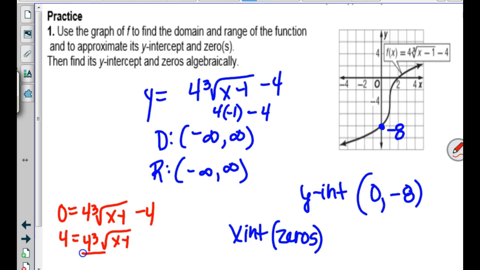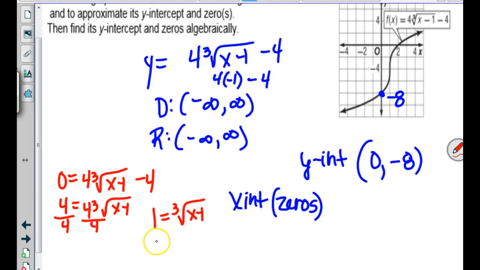Divide by 4, which would give us what? 1 equals the cube root of x minus 1. If I cube both sides, what will I get? 1 times 1 times 1 is? Add 1 and I get 2. So putting in a 2 would give us out a 0. Does that look right on this graph? Yeah. And we could have typed it in the calculator.